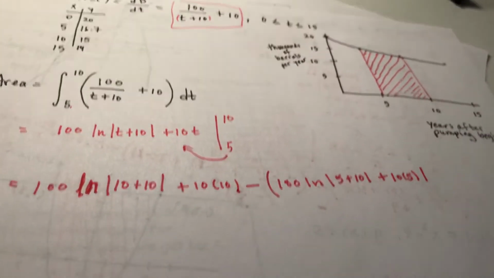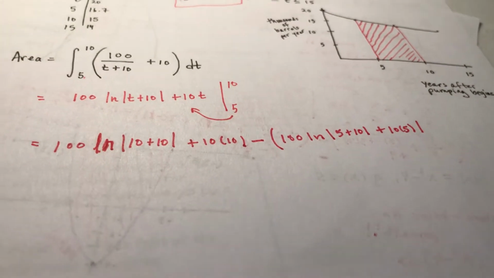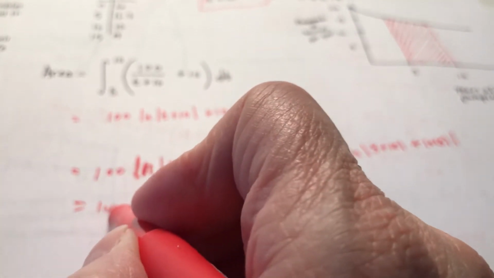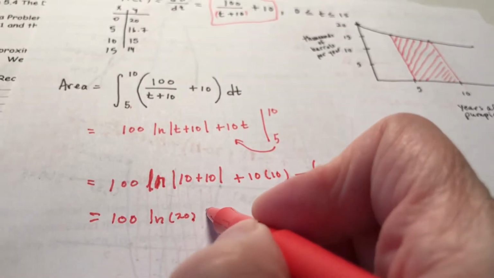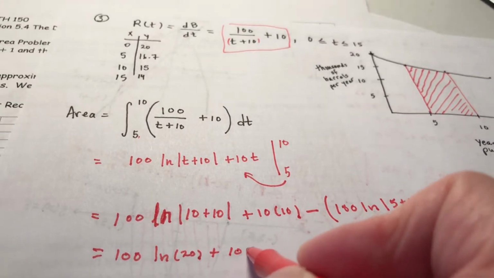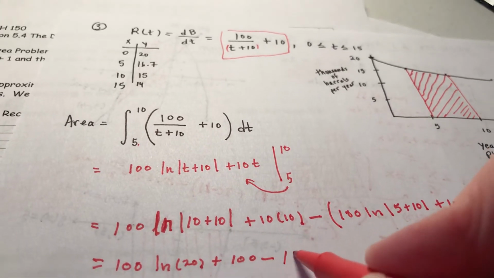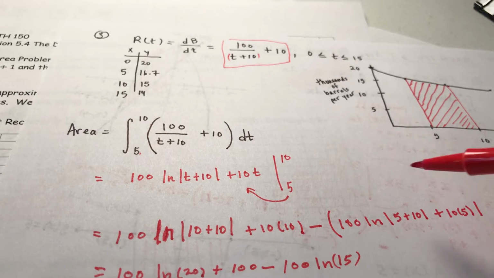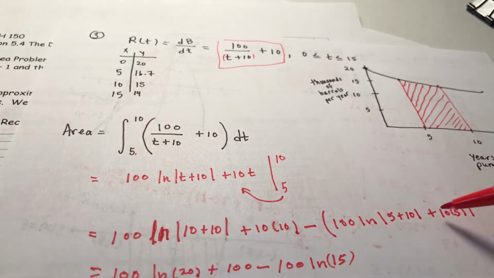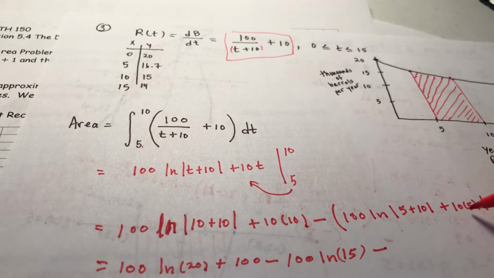So heavy in arithmetic here. Equals 100 ln of, isn't that just 20? Yeah. Plus 10 times 10 is 100, minus 100 ln of 15, right there. And absolute value of 15 is 15, and I'm going to subtract 50.